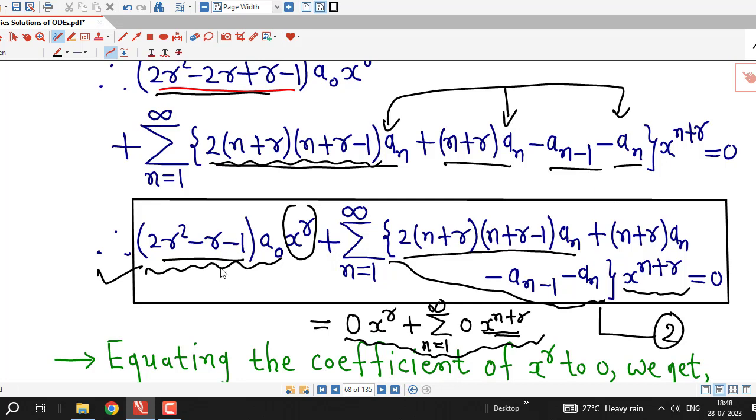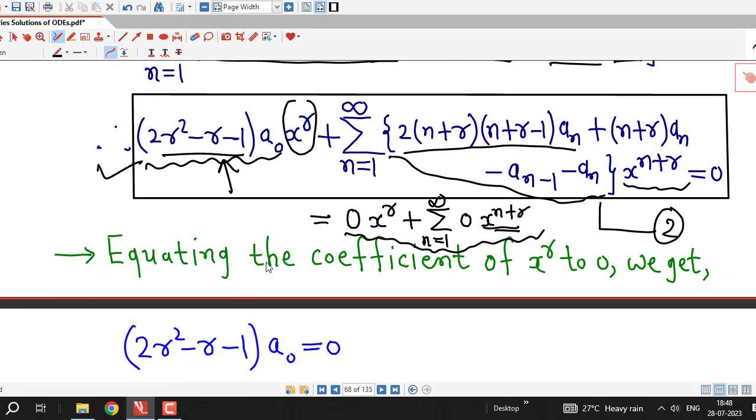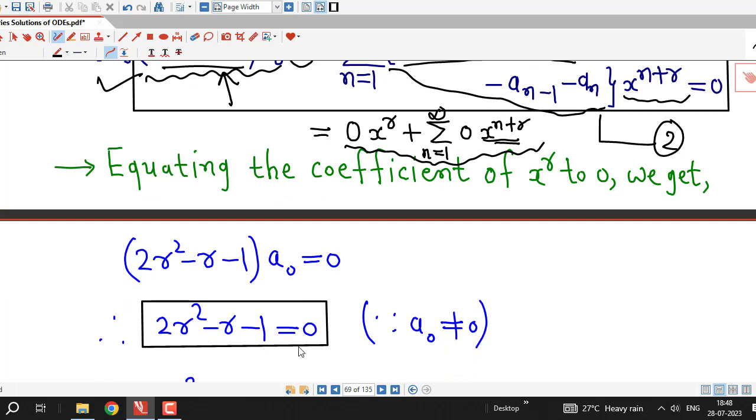So first I have equated the coefficient of x raised to r to 0, that is 2r square minus r minus 1 a0 equal to 0, and we have assumed that a0 is non-zero, therefore we must have 2r square minus r minus 1 equal to 0. This is a polynomial equation in r, where r is the exponent in our solution, which we have assumed in the beginning.